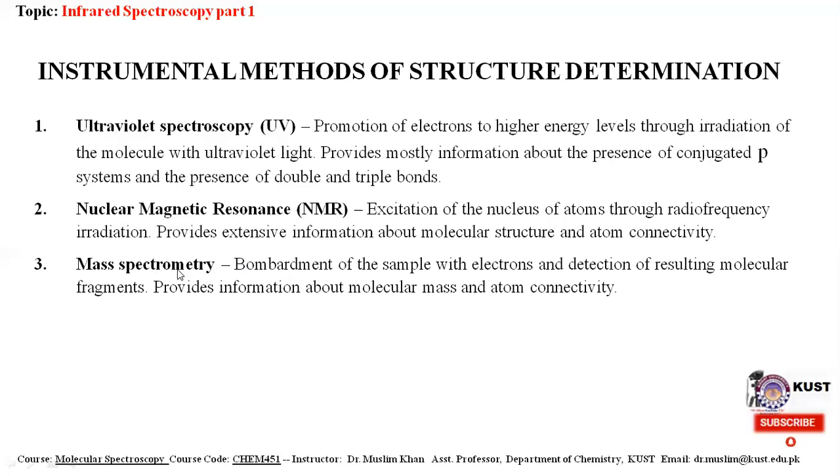Quality of the analyte means which type of analyte it is, and we get structural information from the fragmentation pattern of the molecule. It involves bombardment of the sample with electrons and detection of the resulting molecular fragments. It provides information about the molecular mass, and also the structure, meaning atom connectivity.